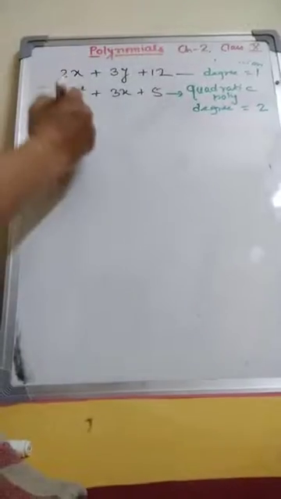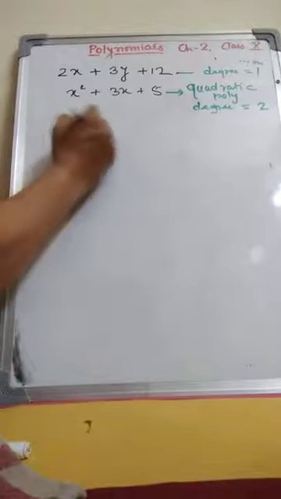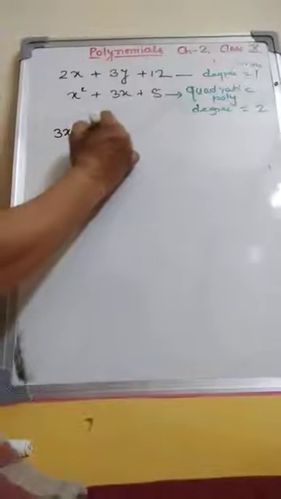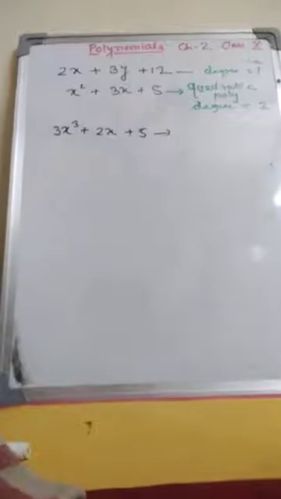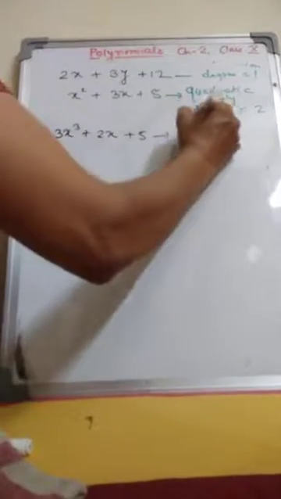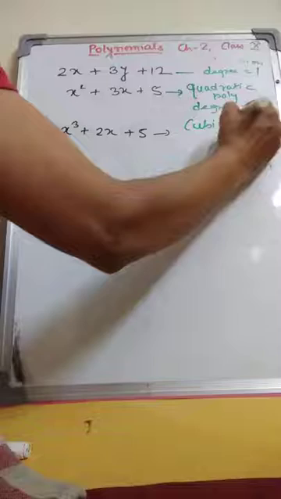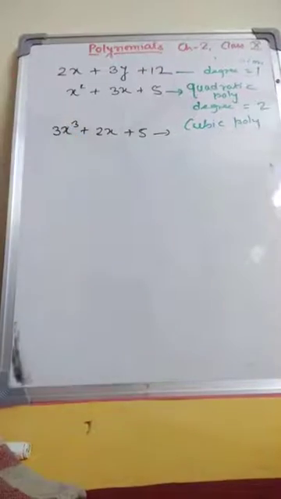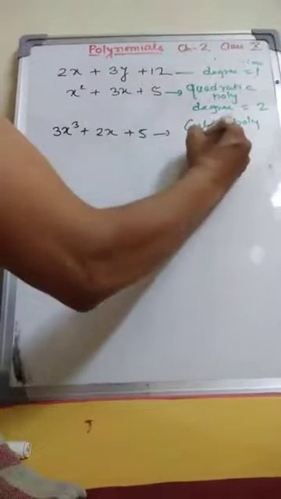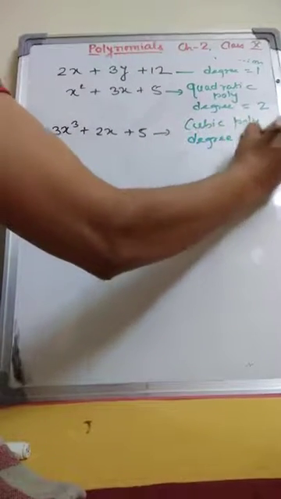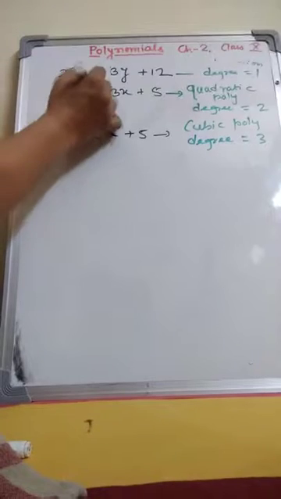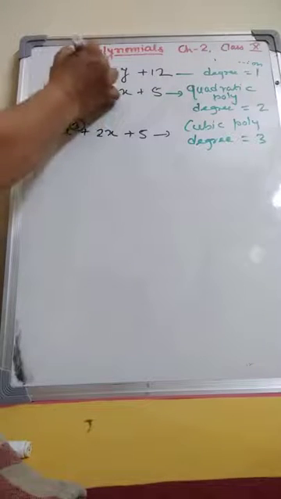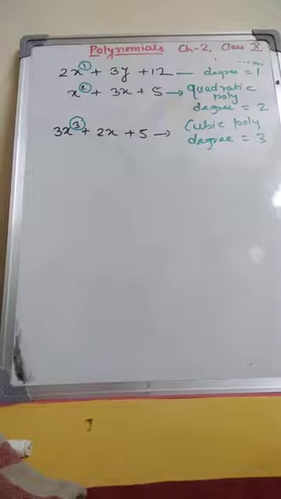Now 3x cube plus 2x plus 5. Now it is a cubic polynomial, because the degree is equal to 3. Degree means highest power. Degree means highest power. Where nothing is written, it means here it is 1.